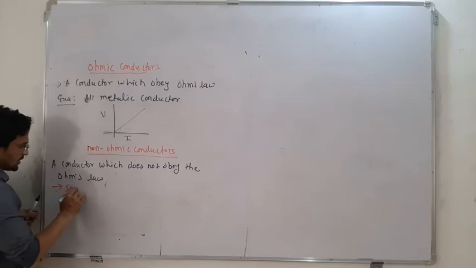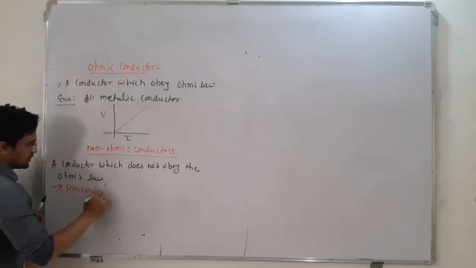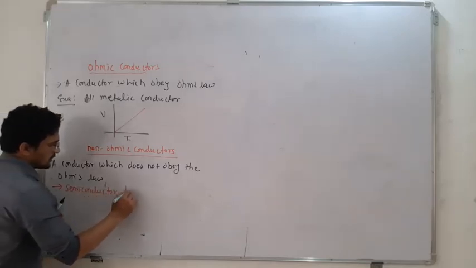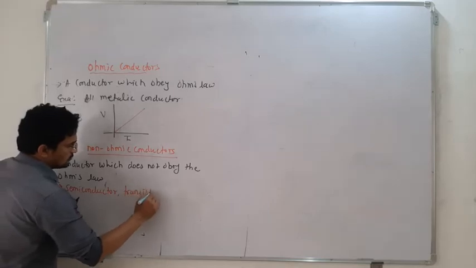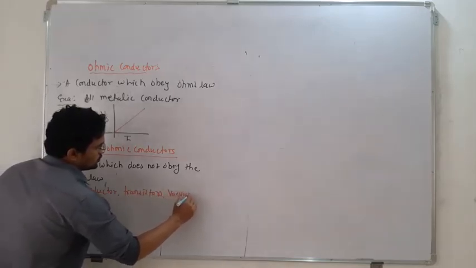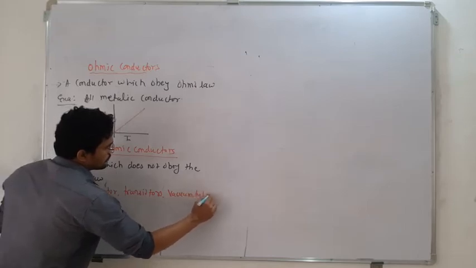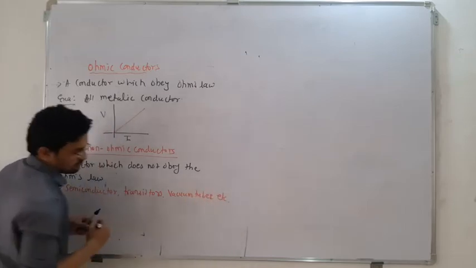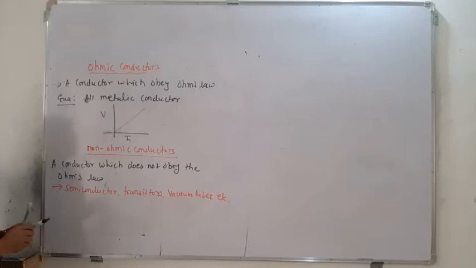Example, semiconductors, transistors, or vacuum tubes, etc. So these are examples which do not follow Ohm's law.